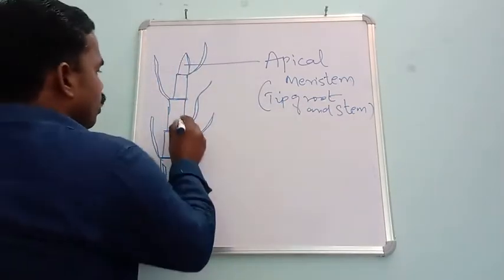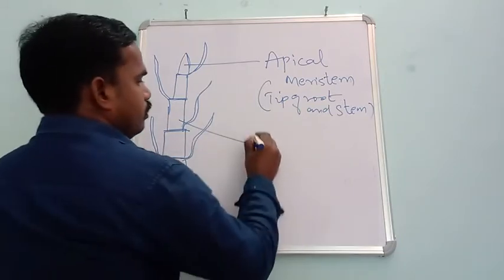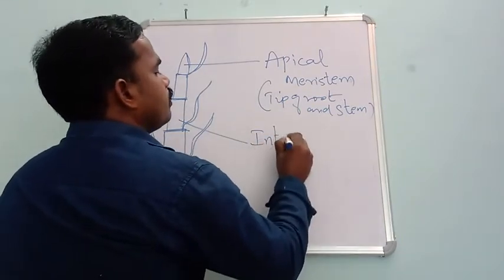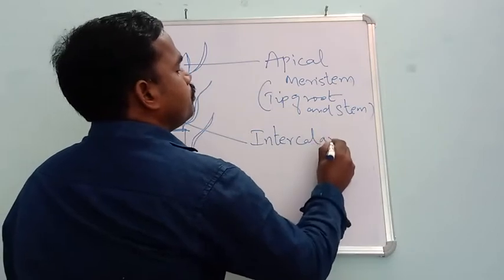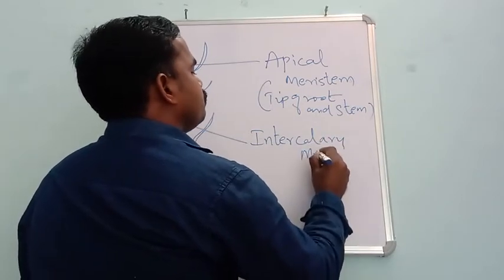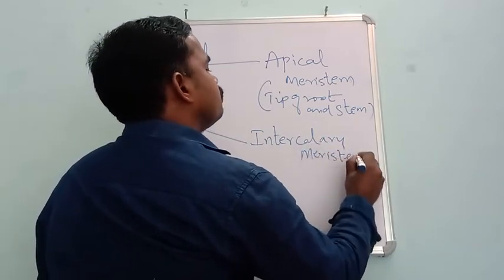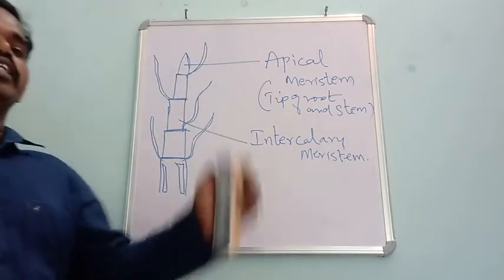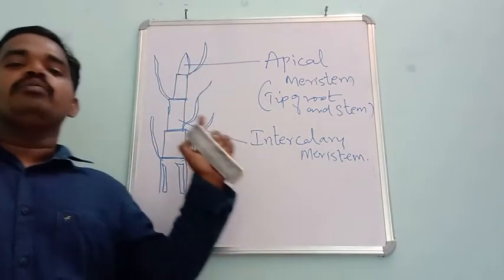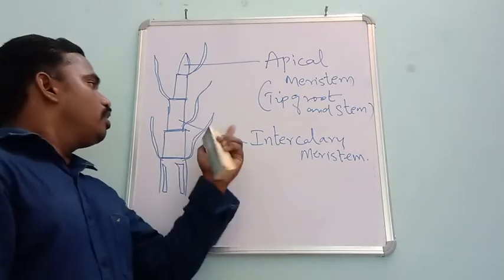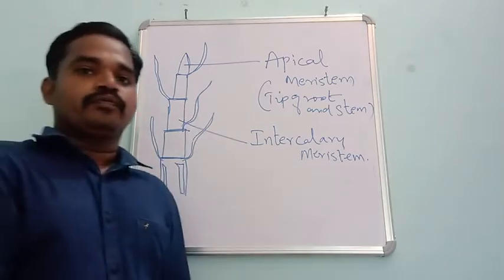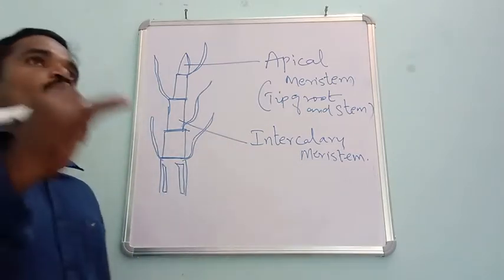Okay, then intercalary meristem. Intercalary meristem is identified in between the internodes. Okay, we have the portion called node and internode.